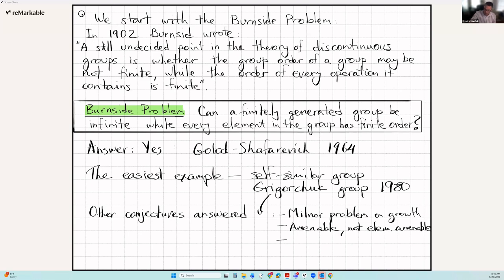Then there was another connection to the Atiyah conjecture on L2 Betti numbers. That's related to the spectrum of various operators on the Cayley graphs of the groups, so connecting to analysis as well.